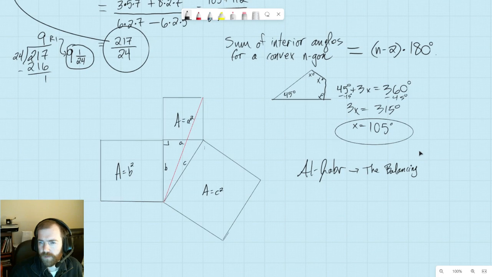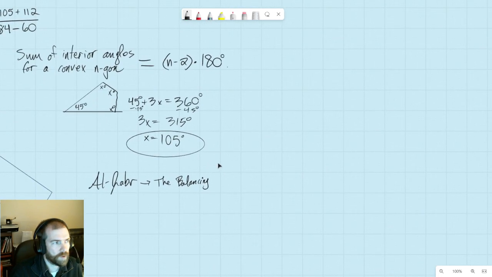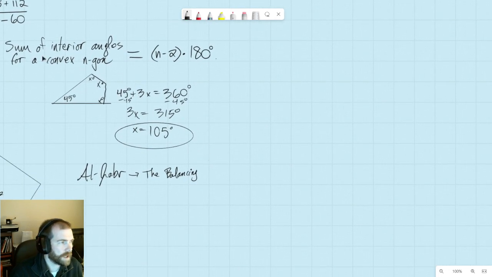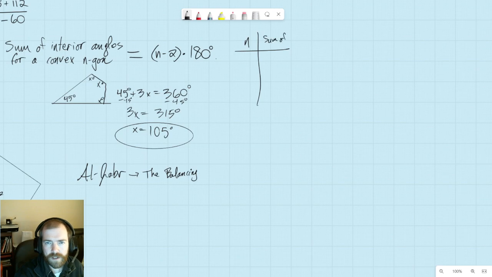So this is also something that you could do, is to say, if you want to look at the sum of the interior angles for any convex n-gon, so n-sided polygon, you could also write this specifically as n and then sum of angles.